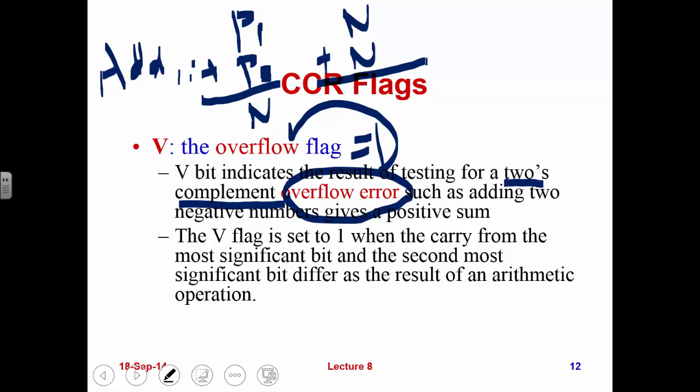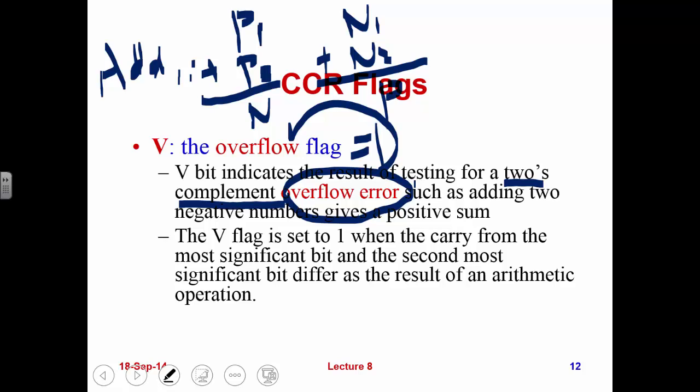Or when you add a first negative number with another negative number, if your result is positive, that's something wrong. You add two negative numbers, but the result is positive. There's something wrong. It's overflow.